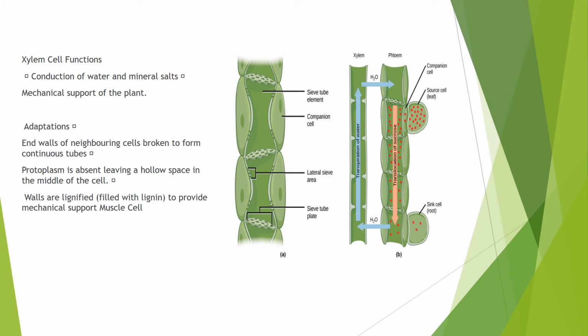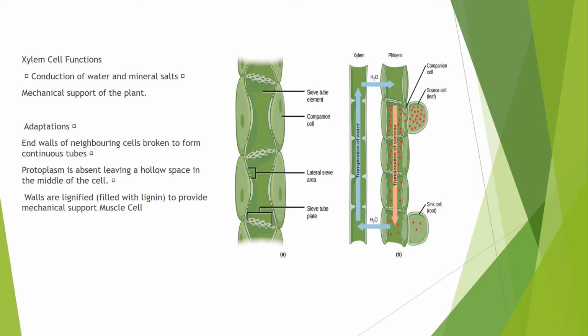We have the xylem cells. What you need to know about the xylem vessels, which we are going to touch on when we look at photosynthesis, is that they carry water and mineral salts. They supply the plant with water and mineral salts.